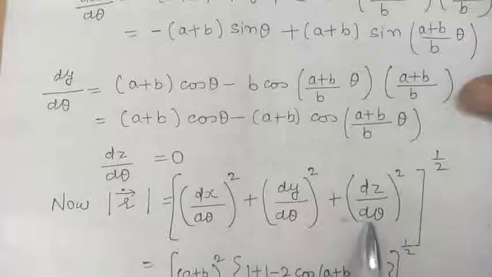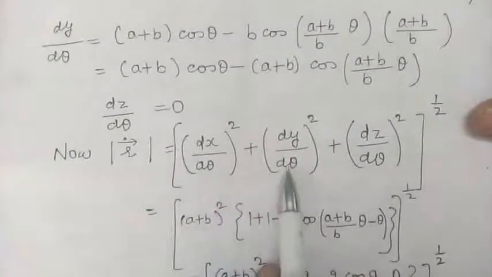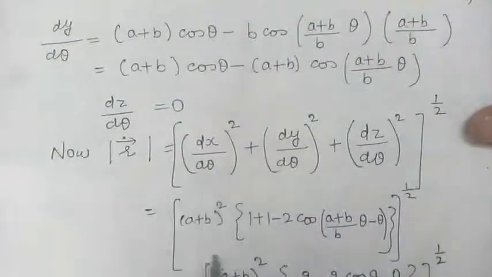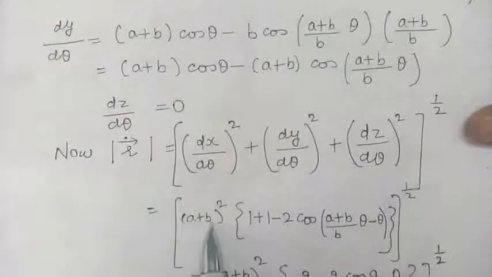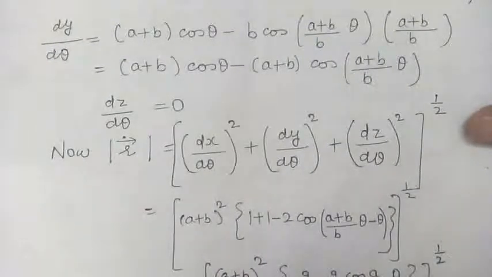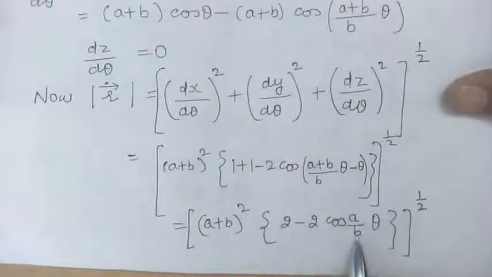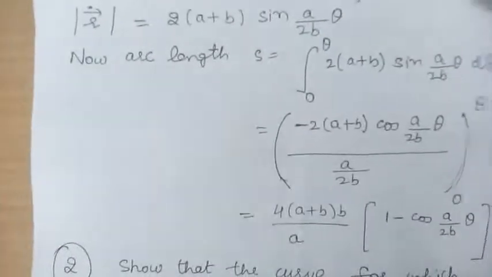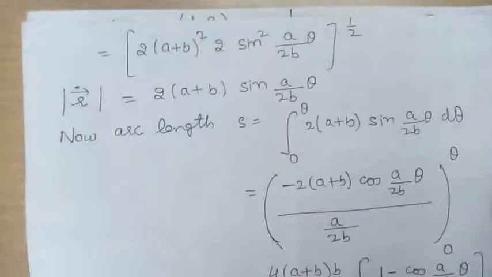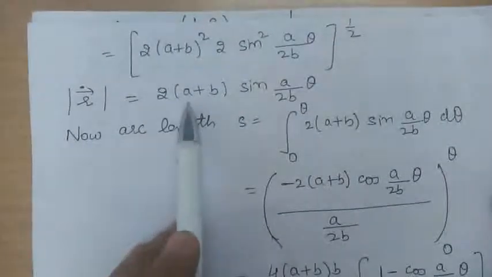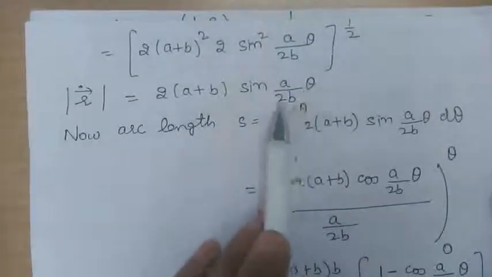Now substituting the values and simplifying, (a plus b) whole square is common from the expressions, and inside we are left with the square root of 2 minus 2 cos of (a theta by b). This is the magnitude of the vector r dot. After simplifying this expression further, we finally get the magnitude of r dot, which is 2 (a plus b) sin of (a theta divided by 2b).